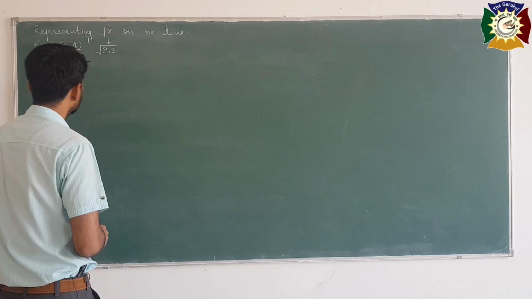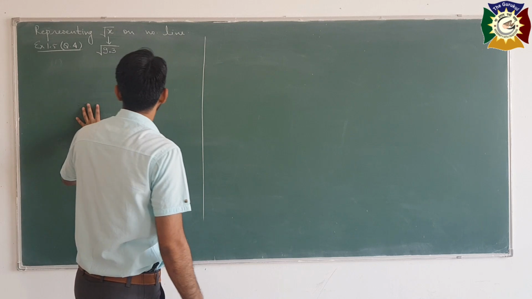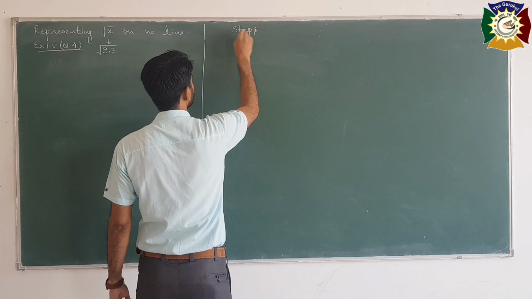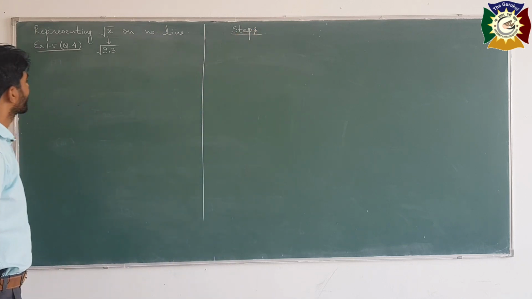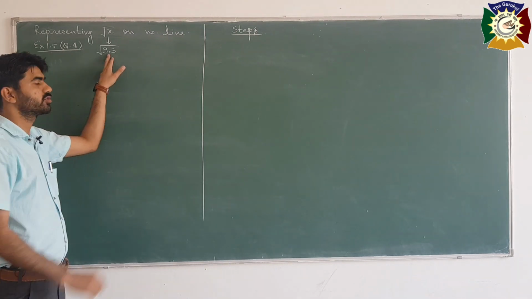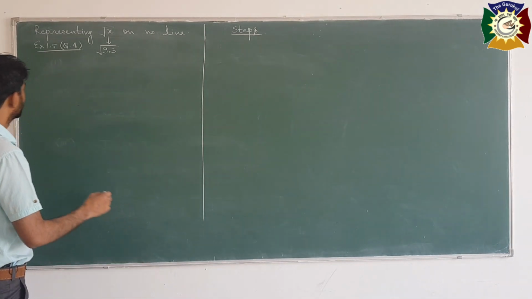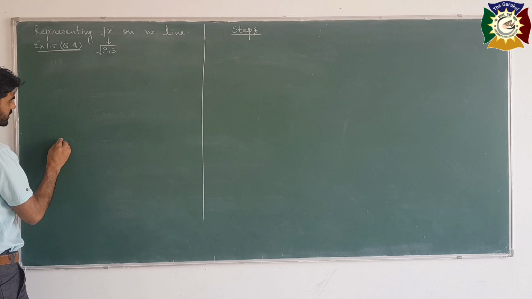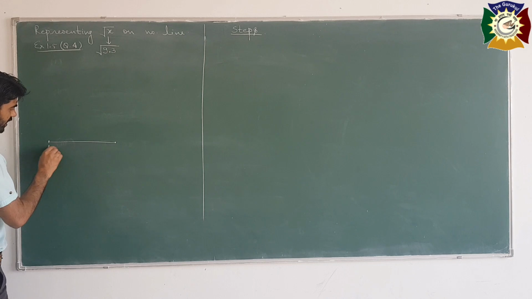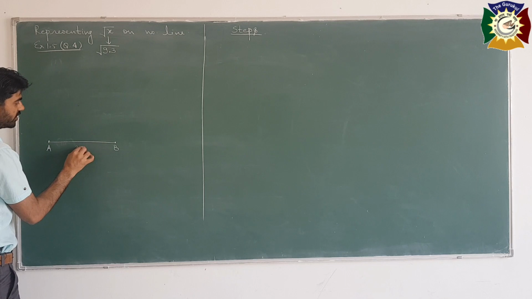So let us begin. I am going to construct the question here and the steps will be written here. Steps of construction. First thing, whatever number is given inside the square root, we will take a line segment of that much length only. So we will take a line segment, let it be AB, which is equal to 9.3 units.